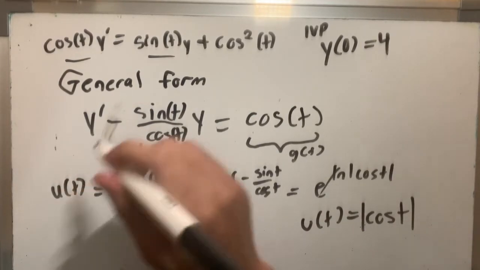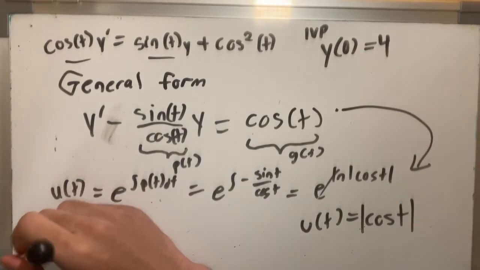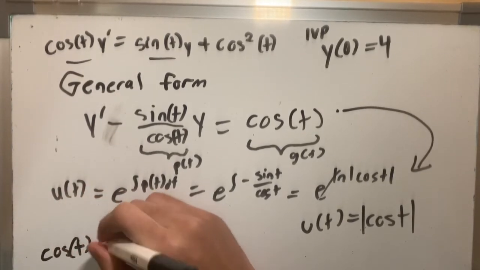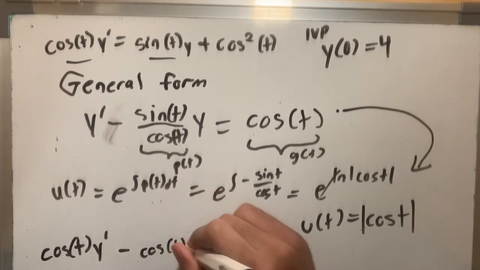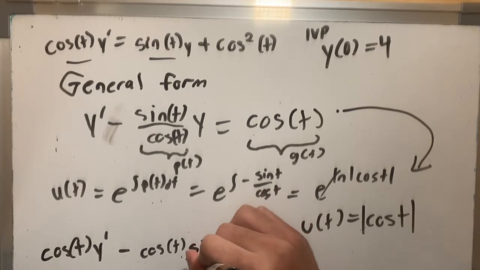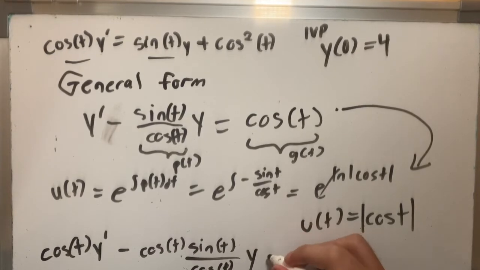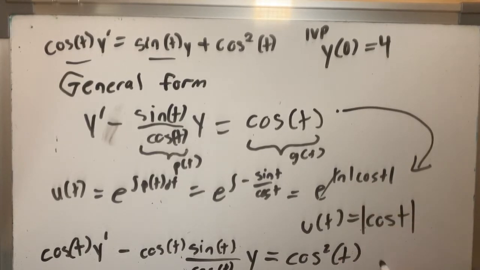Therefore, we multiply our general form by u of t, and we will get cos t times y dash minus cos t times sine t over cos t, I'm just not simplifying right now, just to see everything, is equal to cos squared of t, because we just multiply cos t by cos t. I'm going to erase and then add more room.